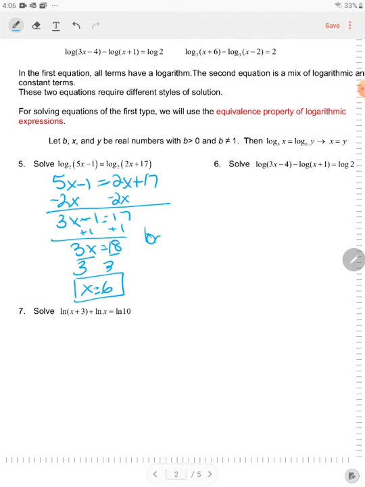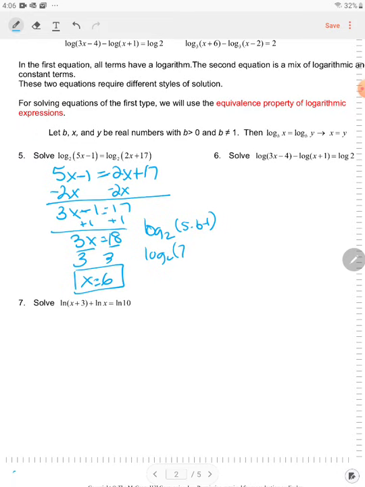So if you plug in 6 on the left side, and you plug in 6 on the right side, let's see, log base 2 of 2 times 6 plus 17. 30 minus 1 is 29, and here we get 29 also. So you can see that if we check it, we get the same answer.